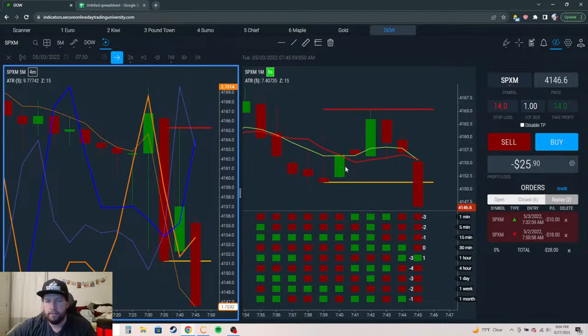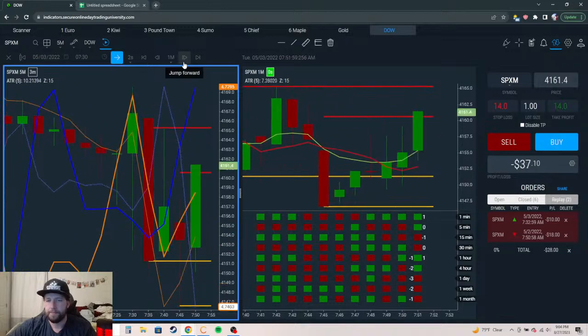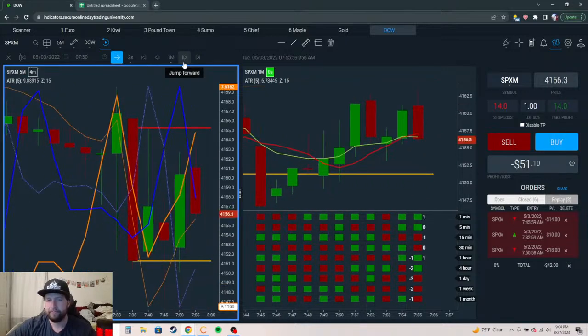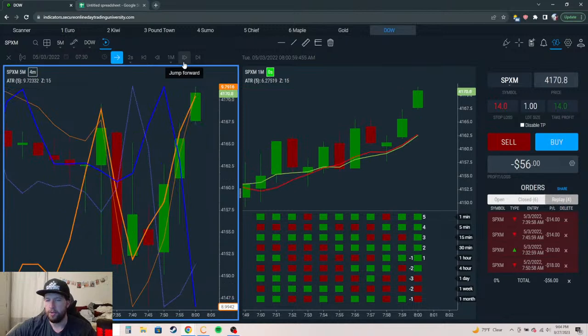Okay, but I actually do have a sell signal here. I actually have another sell signal. And looks like both of those lost.